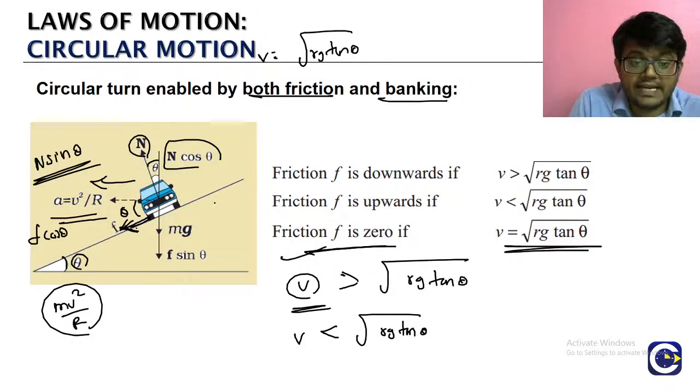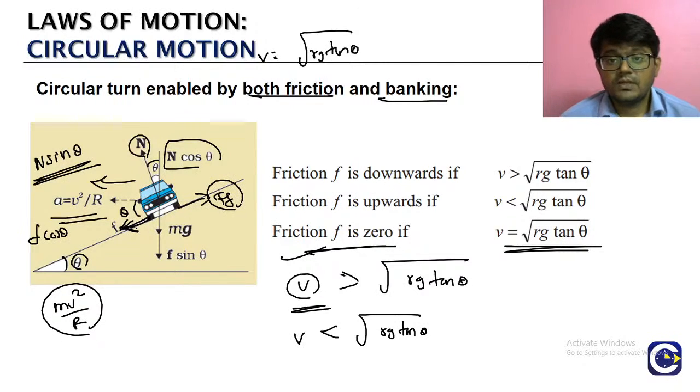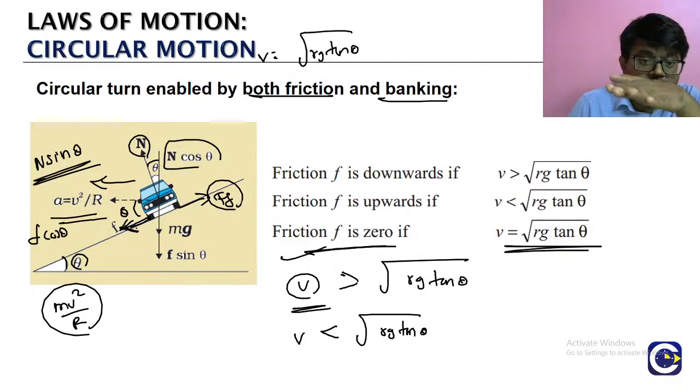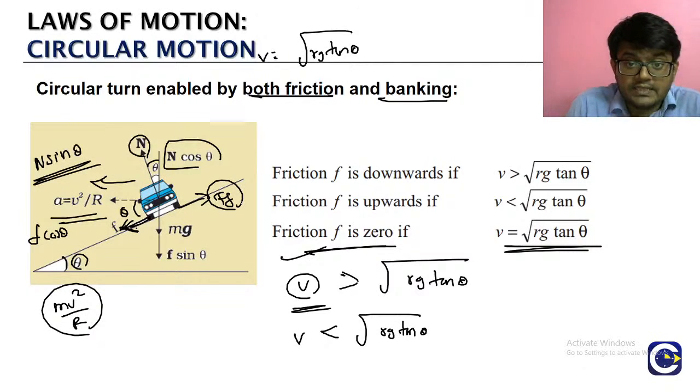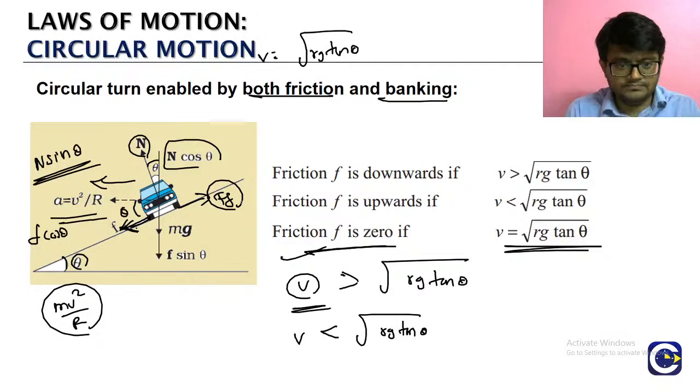To prevent it, the friction will be acting exactly in the opposite direction. If the vehicle is trying to skid towards the center, the friction will oppose it, means friction will be acting up the plane. So this is the way in which friction is going to act.